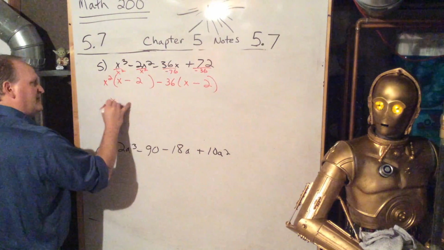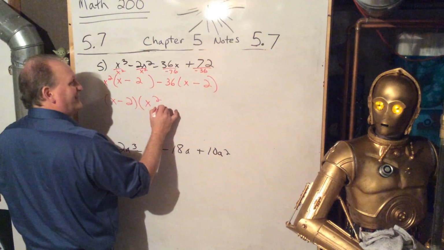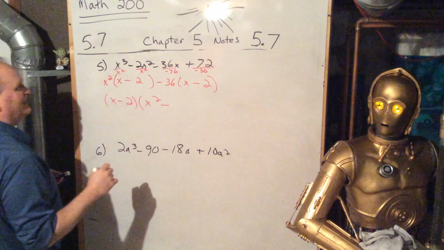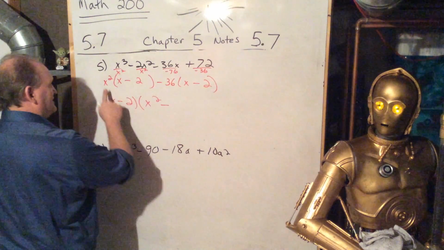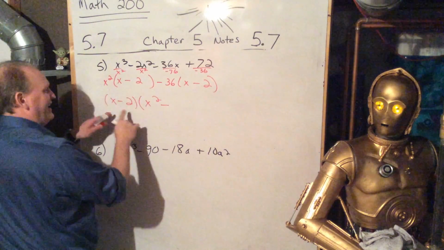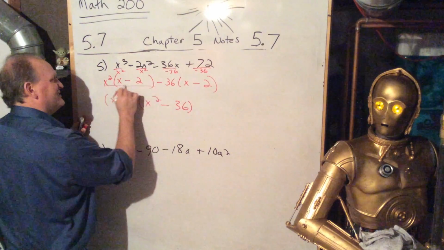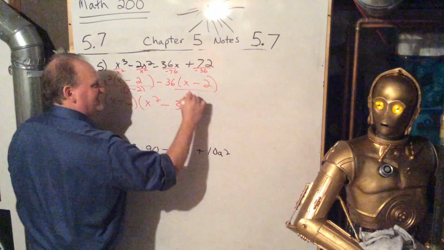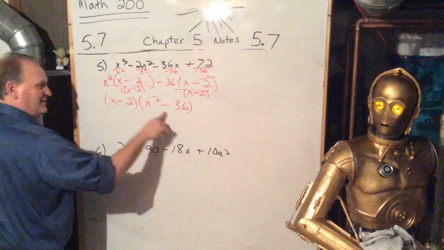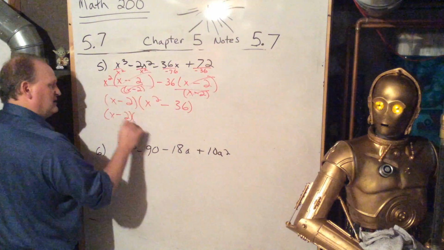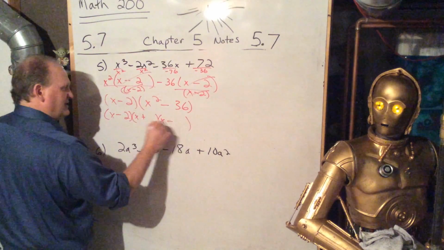And we factor an x minus 2 out front, and we're left with an x squared minus, oh wait, did I do that right? Oh no, yeah, x minus 2, x squared minus 36. I don't know what I was thinking, I should have shown my work. X minus 2, x minus 2. Okay, but wait, there's more. We have x minus 2. And then this is x plus and minus 6 and 6.